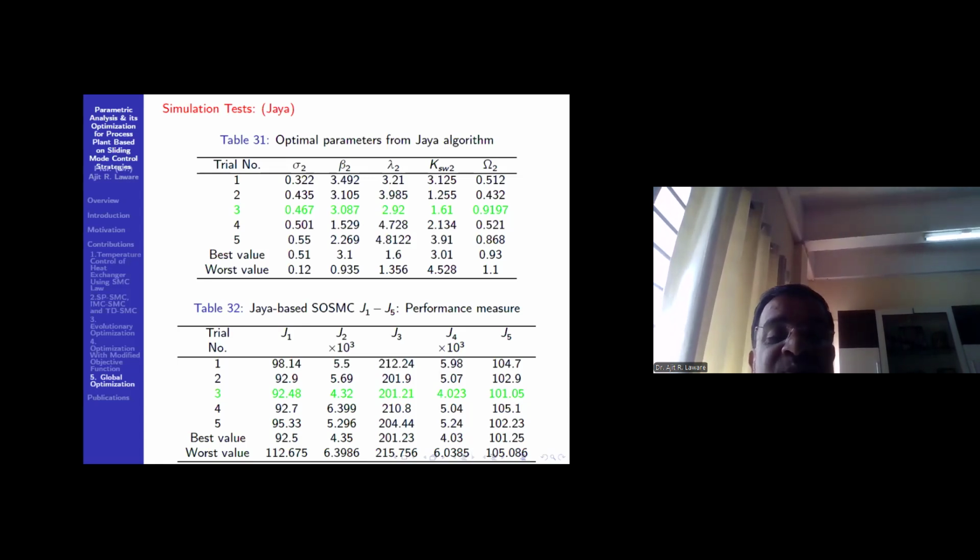That's why I picked the setting of trial 3. Now concentrate on table number 31: I am getting eta 2, beta 2, lambda 2, KSW, and omega 2 as per trial number 3. So the best value will be that one, and the worst value will be this one. I am always finding the best and worst values each time.